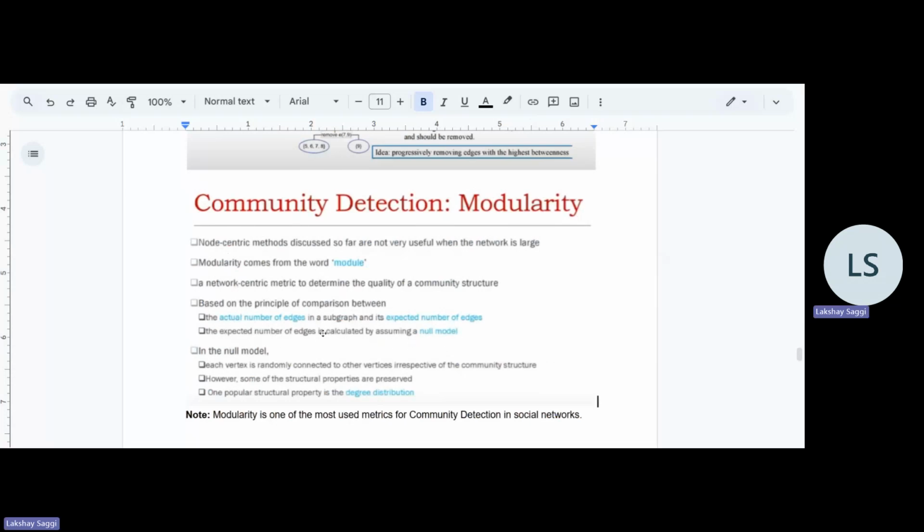And the expected number of edges is calculated by assuming a null model. What do we mean by null model? Each vertex is randomly connected to other vertices. Although not all properties need be completely arbitrary, some structural properties are preserved, and one of the most popular is the degree distribution. In the real-world network, every node has some degree. But now we want to form a random network to see how different our network is from it. So we don't take just any arbitrary random network, but rather the random networks which have the same degree distribution.